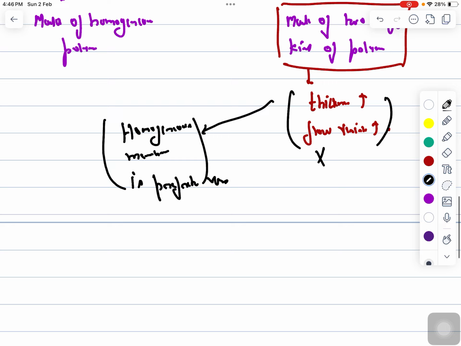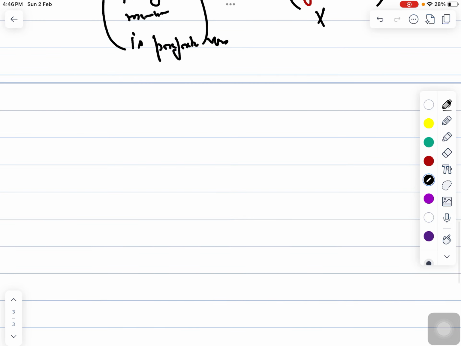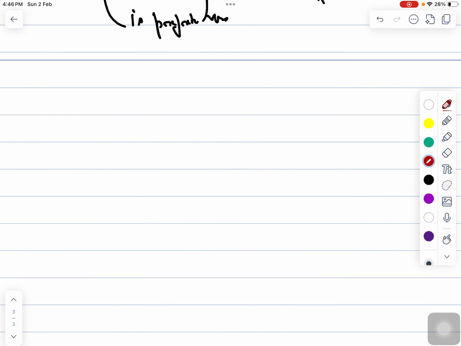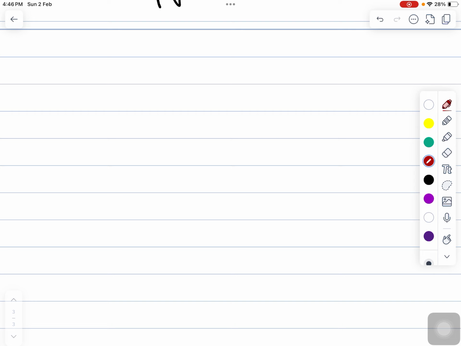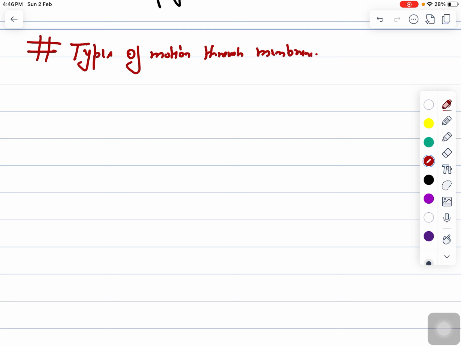Now next is a very important point: types of motion through membrane.